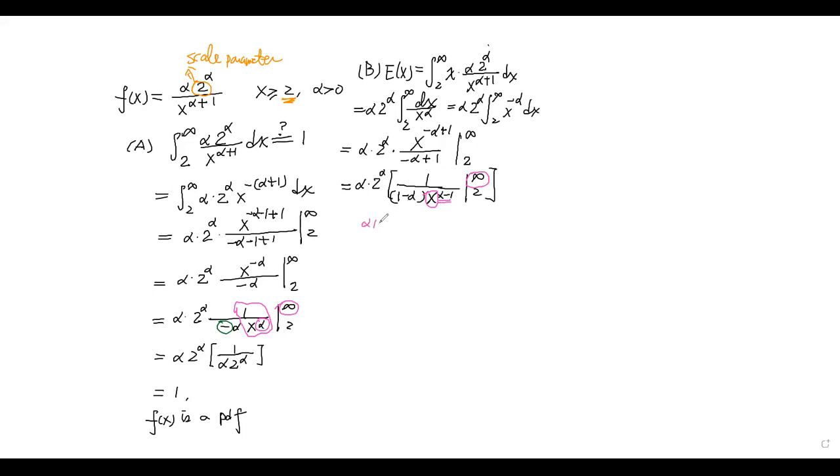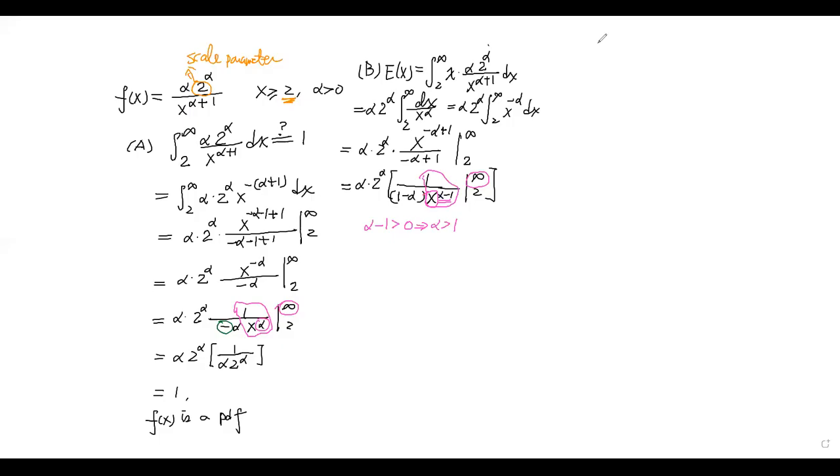That means alpha minus 1 has to be greater than 0, so alpha has to be greater than 1 here. That's why this term will approach zero.